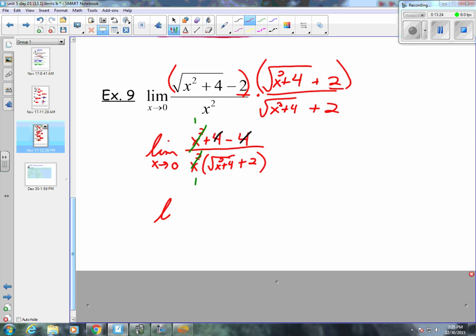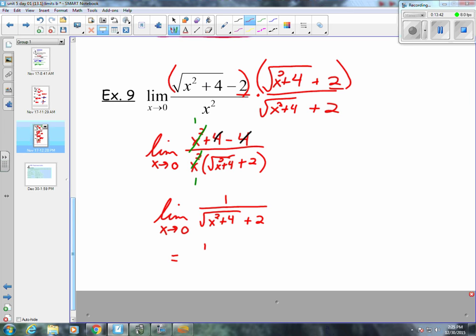And so now we're left with the limit as x approaches 0 of 1 over the square root of x squared plus 4 plus 2. Now I can plug in 0 directly for the x, and I'm going to get 1 over the square root of 4, which is 2, plus 2, which is 4.